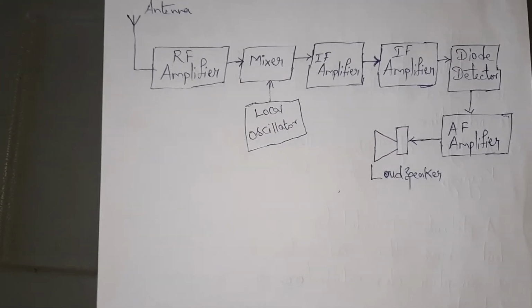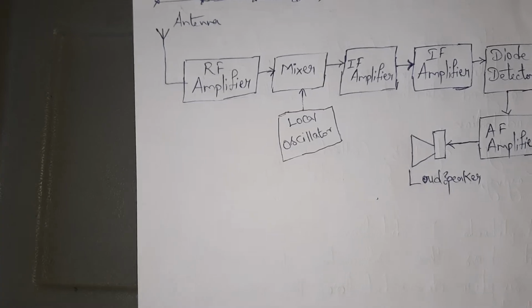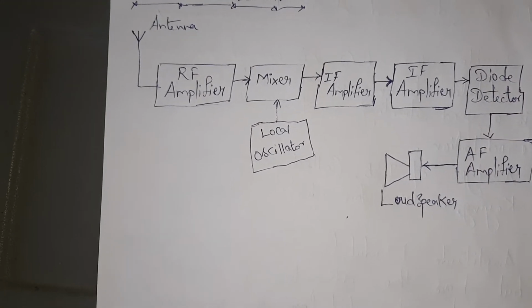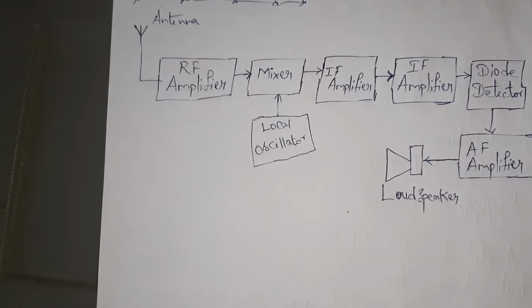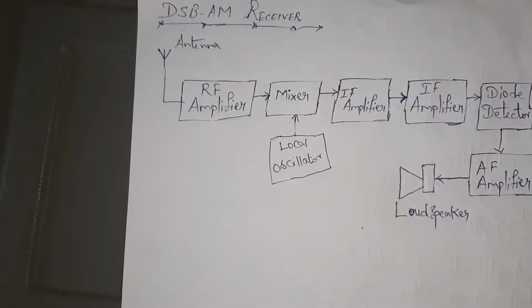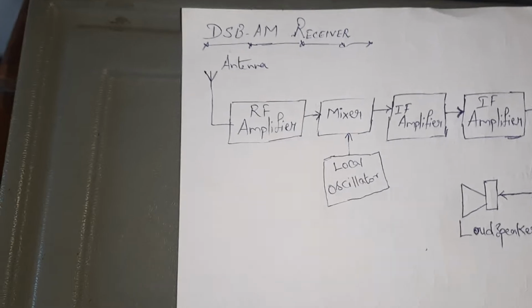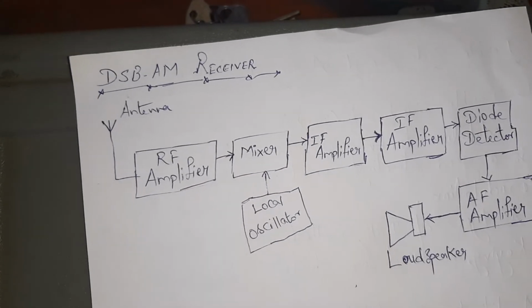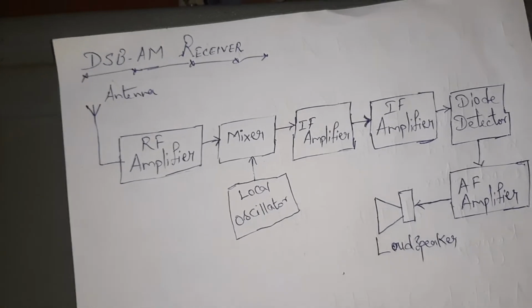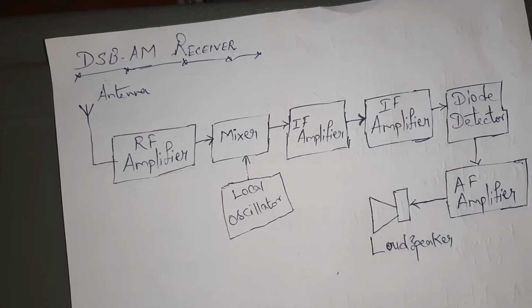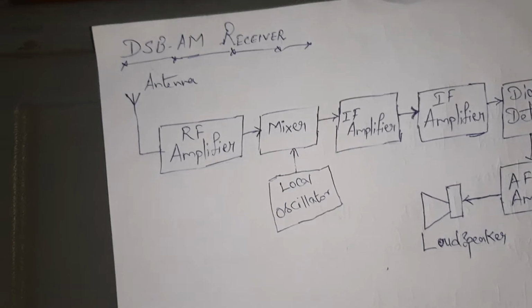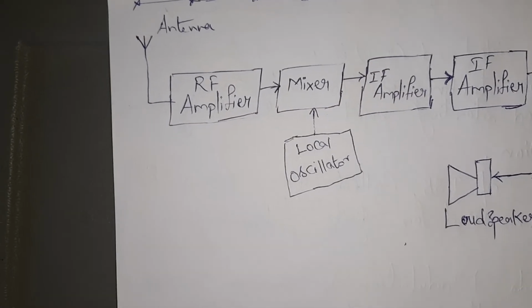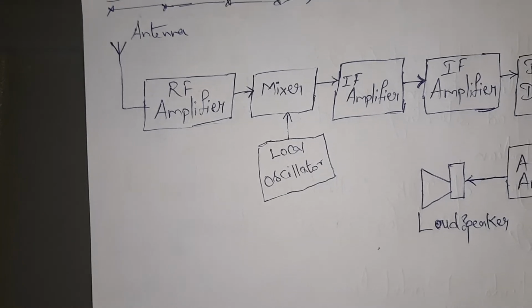What is the exact concept of the mixer? From the local oscillator we receive the oscillating signal, and from the RF amplifier we receive the modulated signal. The mixer performs a similar function to the modulator in the transmitter. The transmitter modulator accepts the information signal and its carrier frequency and produces the carrier plus an upper and lower sideband.